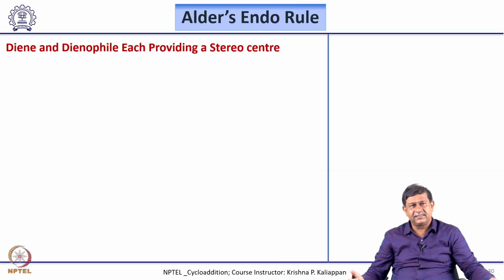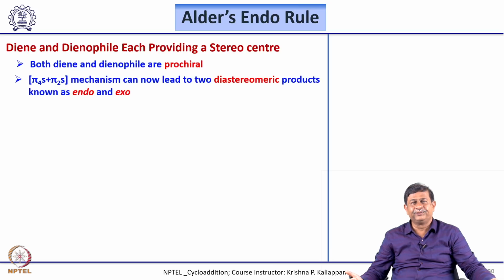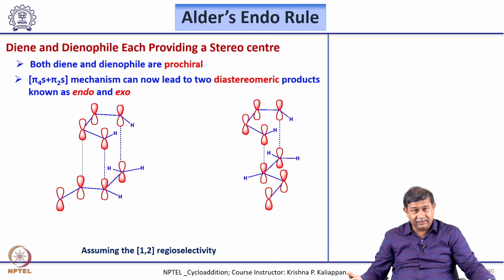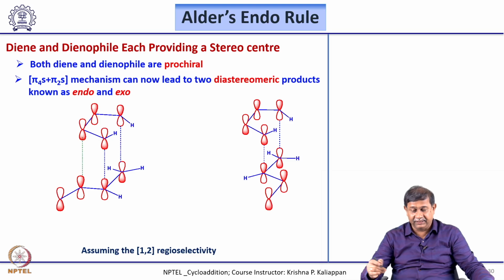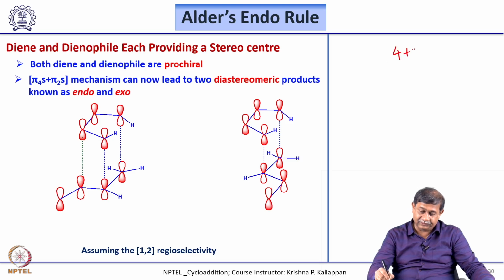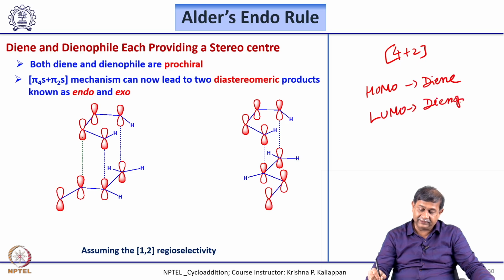So there is a rule for this, that is called Alder's endo rule. What is Alder's endo rule, and why do you get only the endo product, or predominantly the endo product? If you look at the HOMO-LUMO of the Diels-Alder reaction, normally for a Diels-Alder reaction to happen, the HOMO of the diene and the LUMO of the dienophile are involved in the reaction.